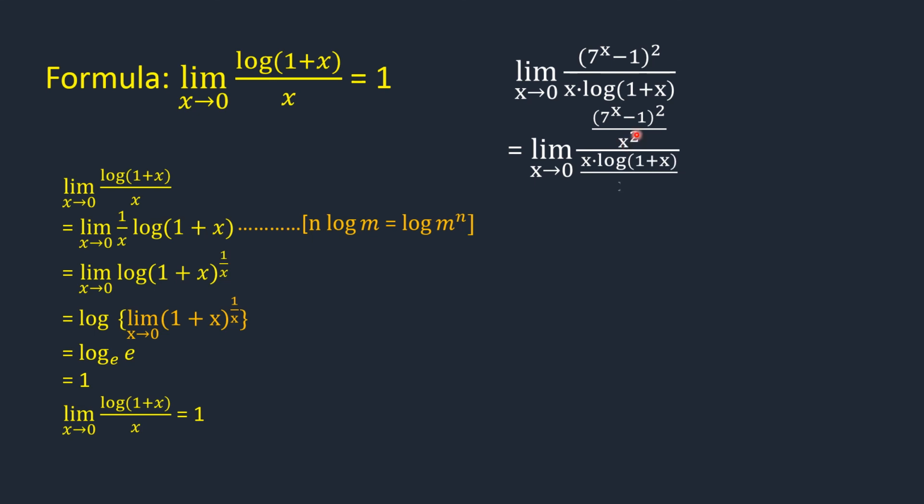See, numerator divided by x square, denominator divided by x square. Next, we will write the numerator and denominator as separate limits in the next step.